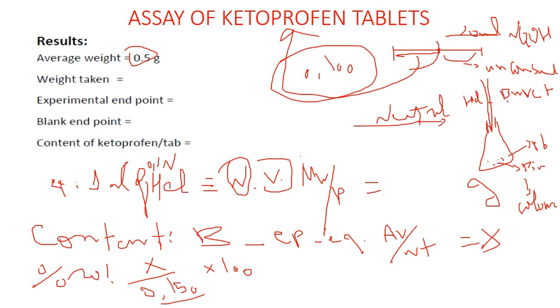So this endpoint is equivalent to the unconsumed content of sodium hydroxide. So by subtraction of this endpoint from the blank, this gives the amount of sodium hydroxide that reacted with ketoprofen. This kind of assay is a back titration.